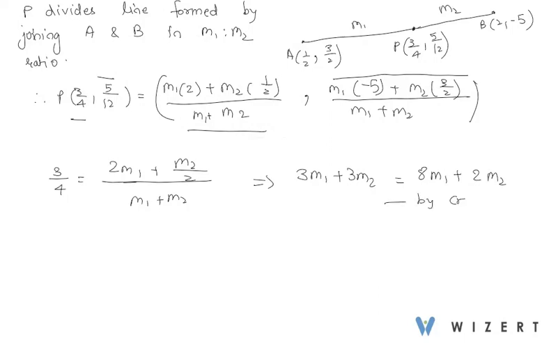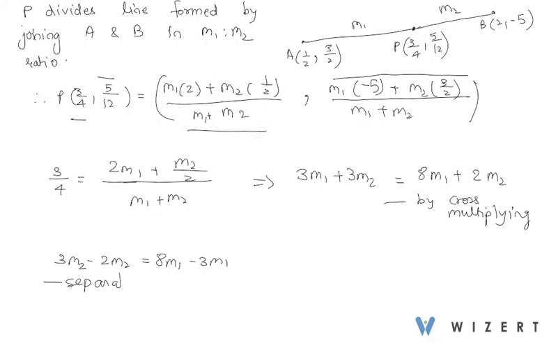Next we can simply separate the m1 and m2 variables. So 3m2 minus 2m2 equal to 8m1 minus 3m1.